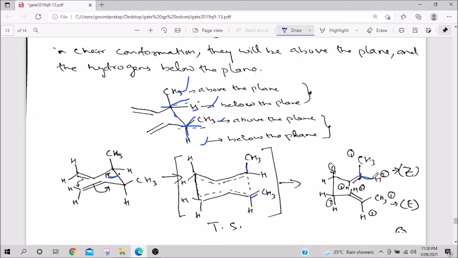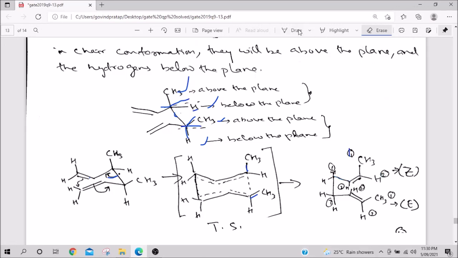Here there is hydrogen, here there is carbon. Which has higher atomic number? Of course, carbon. So, this gets first preference, this gets second preference. Here also, this is carbon, this is hydrogen. So, this gets first preference, this gets second preference. What do you see? Both first preferences are on the same side, both second preferences are on the same side. So, this is Z.